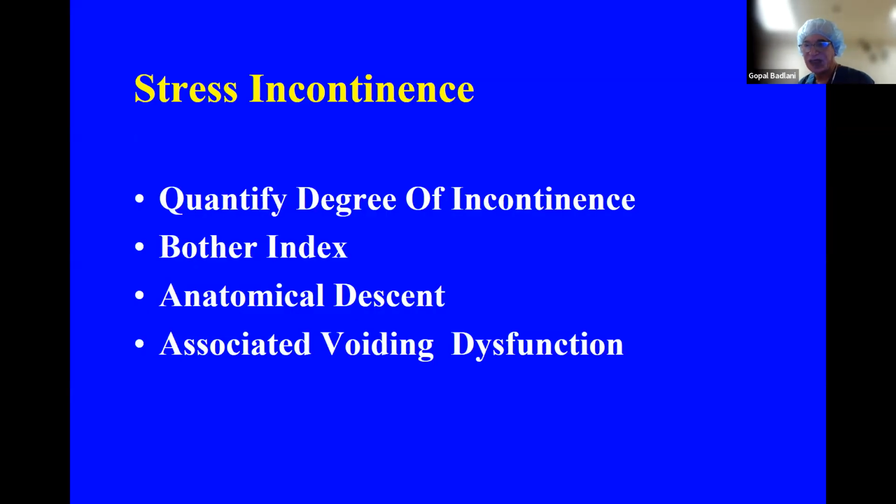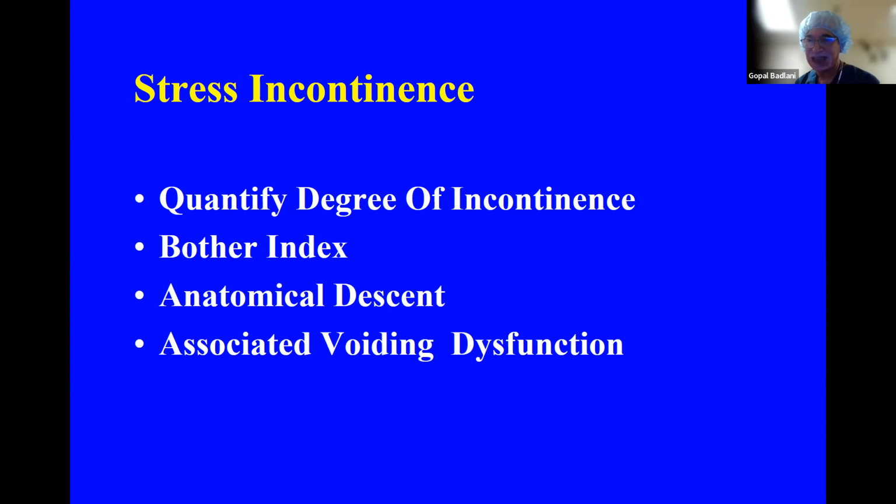When you have stress incontinence, you should be able to quantify the degree of leaking, how many pads, bother, if there is associated anatomic descent or just urethral hypermobility, and if there is associated dysfunctional voiding and/or frequency. If you correct the anatomical descent, the frequency may not improve, and that's what you have to caution the patient about.